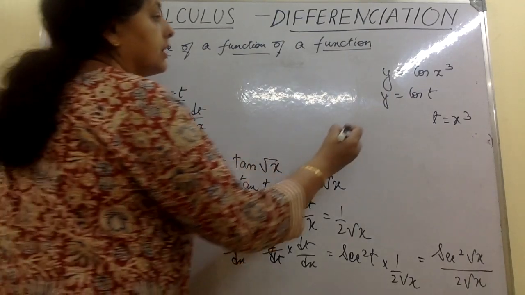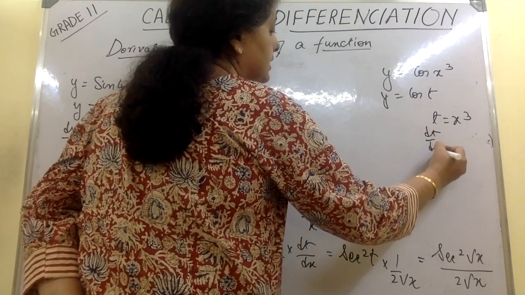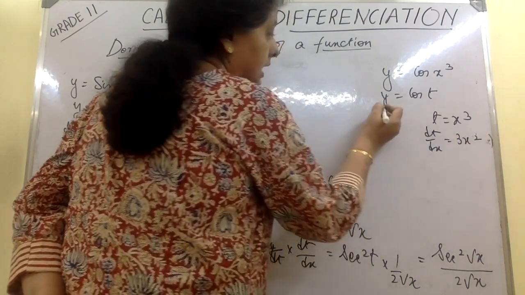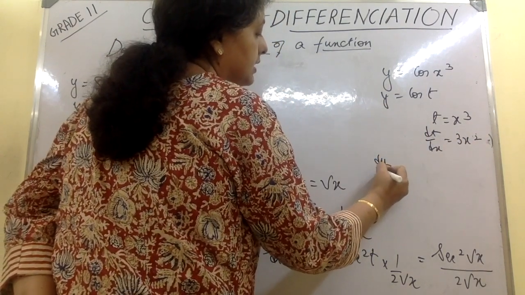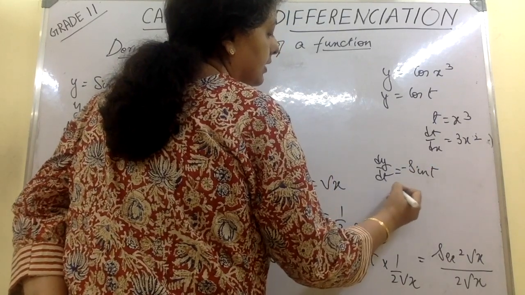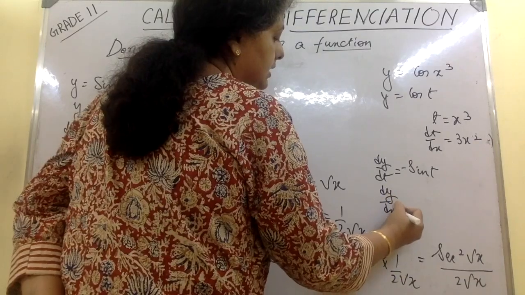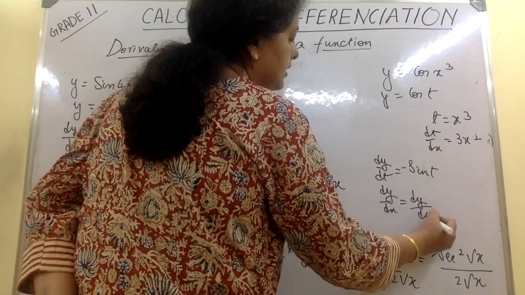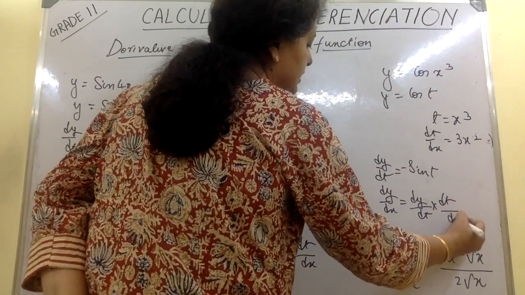Here we have dt by dx, which is 3x square, and from here dy by dt is equal to minus sin t. So dy by dx is dy by dt into dt by dx.